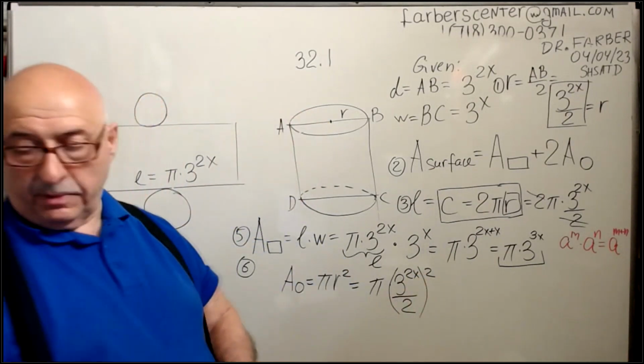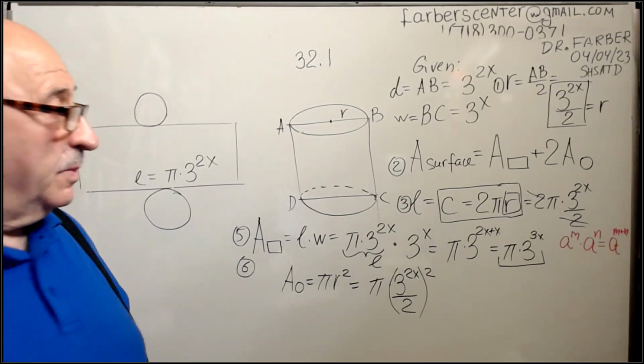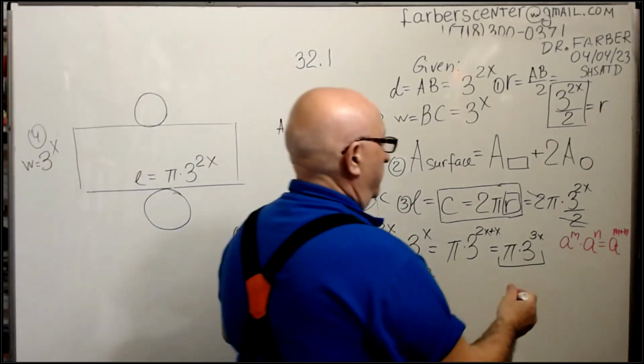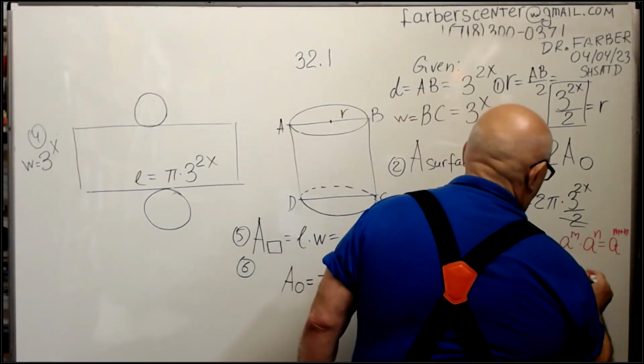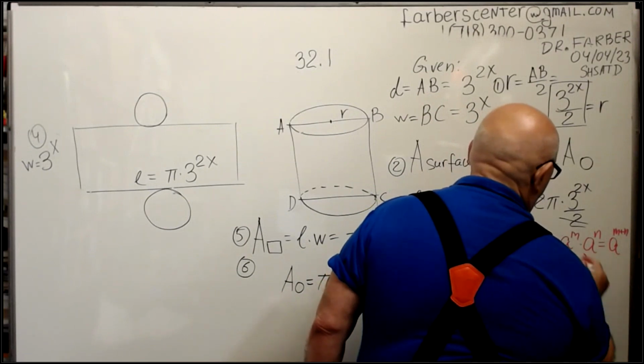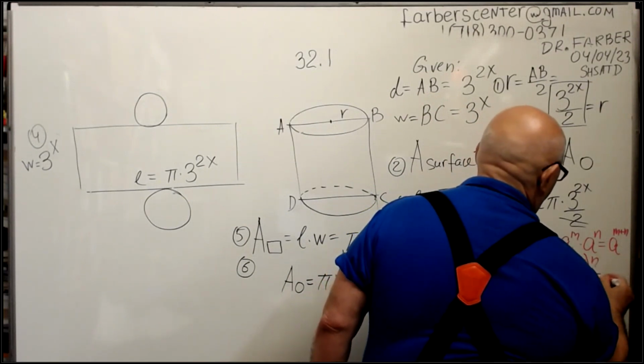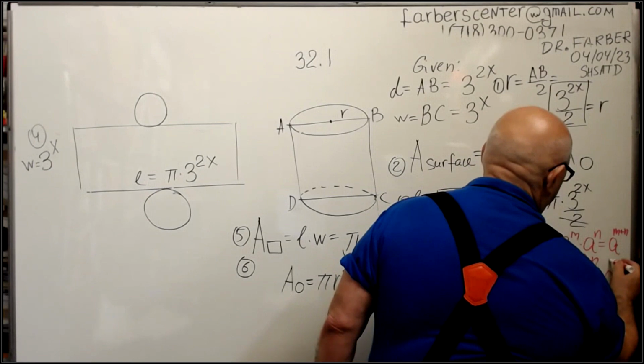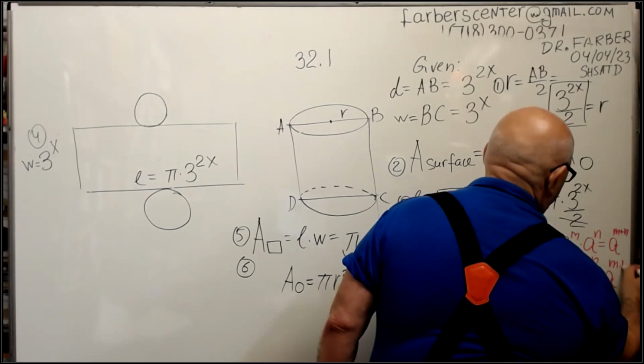I take a red marker and write another formula: a to the power m, to the power n. You multiply powers, multiply exponents.